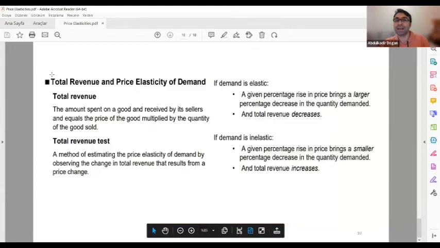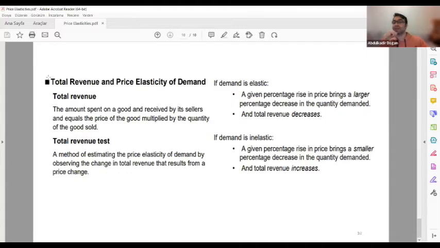And please read here. Read this sentence: total revenue and price elasticity of demand. Total revenue is the amount spent on a good and received by its sellers, and equals the price of the good multiplied by the quantity sold. So I have a price of 10, and I'm selling 100 units.